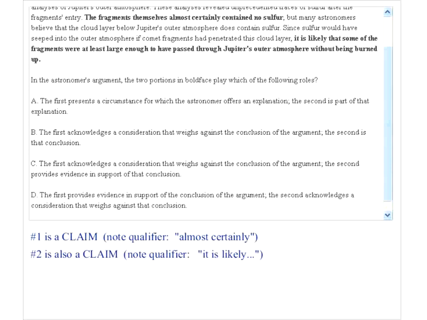So we're going to highlight in green anything that indicates facts, because anything saying either of these things is a fact is automatically incorrect. And green is words that are restricted to facts and are therefore wrong for both of these boldfaces.